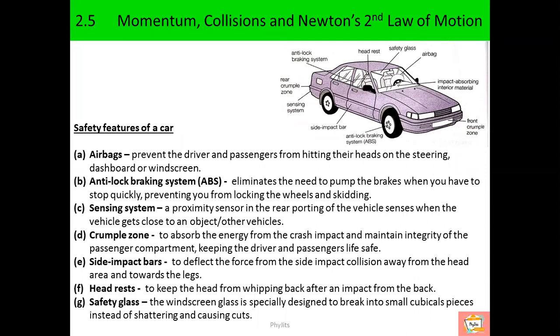That is another safety feature already included in cars, an automatic sensing system. If you press a sudden brake, the system will automatically activate the lock for your seat belt. Then they have the anti-lock braking system, which eliminates the need to pump the brakes when you have to stop quickly. So if you press the brake suddenly, it will take a certain period of time so that you don't stop immediately.